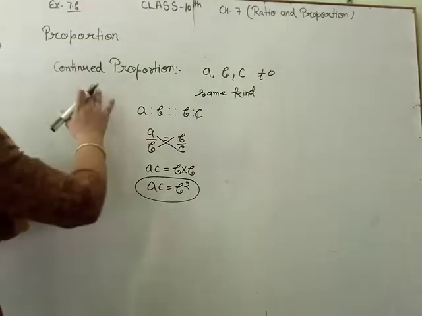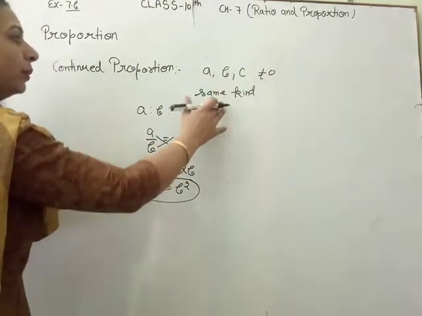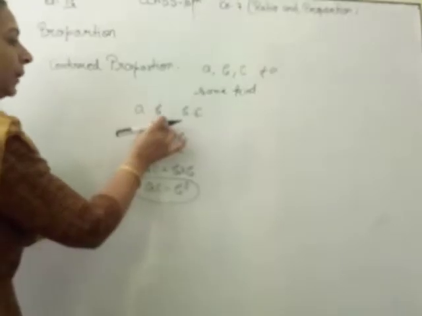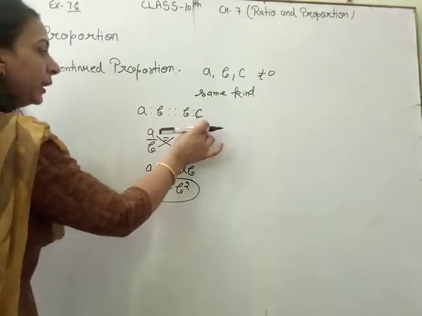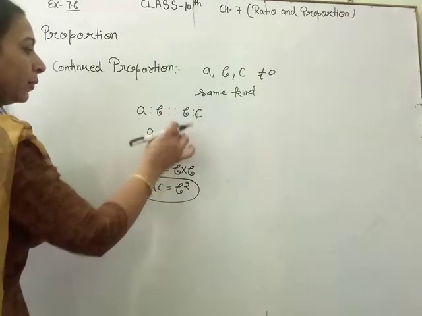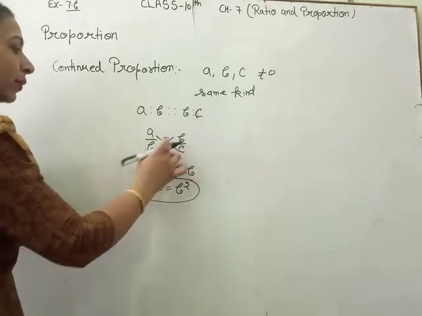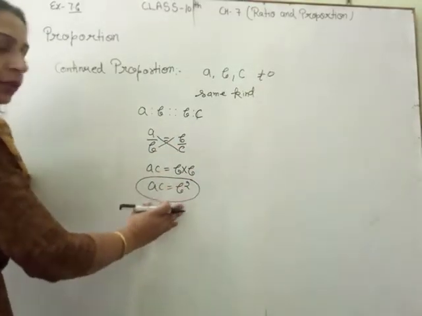If A, B, C are in continued proportion, then A by B equals B by C, and with cross multiplication, AC equals B square.